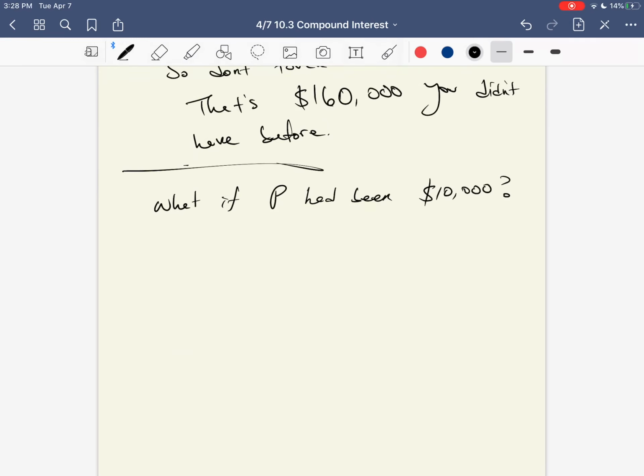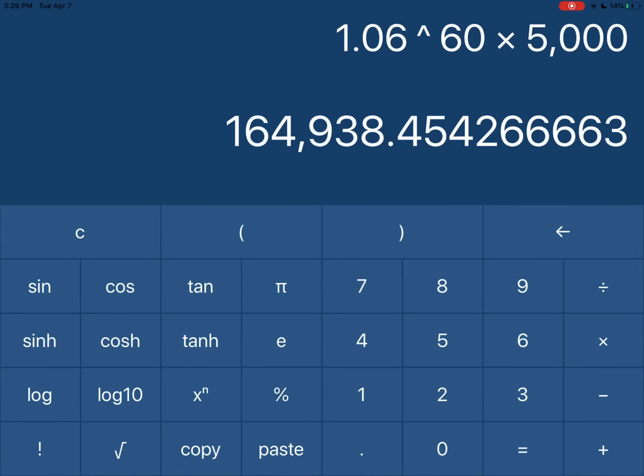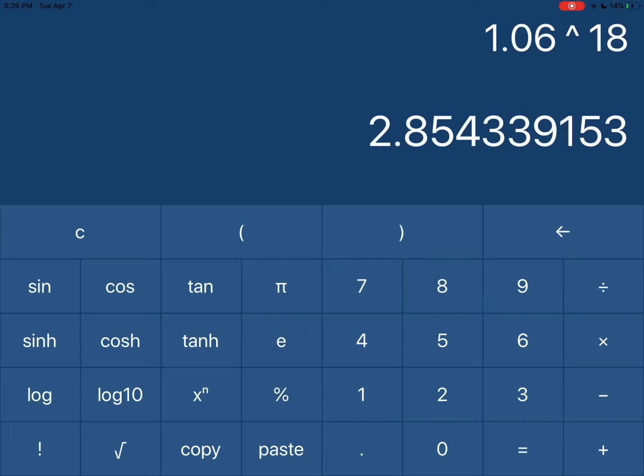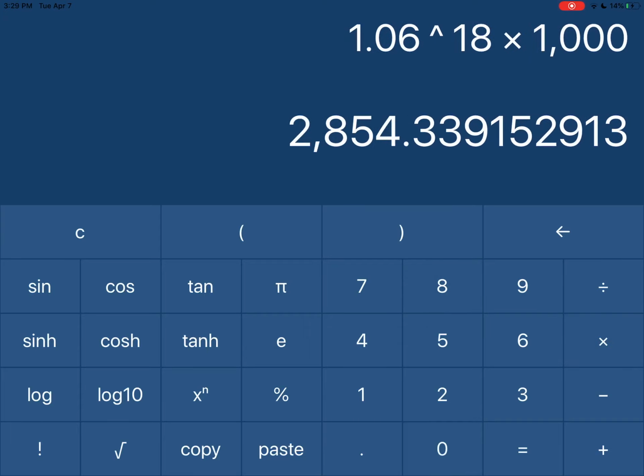We would have had after 18 years 10,000 times 1.06 to the 18, which we can do out here. 1.06 to the 18 times 10,000.